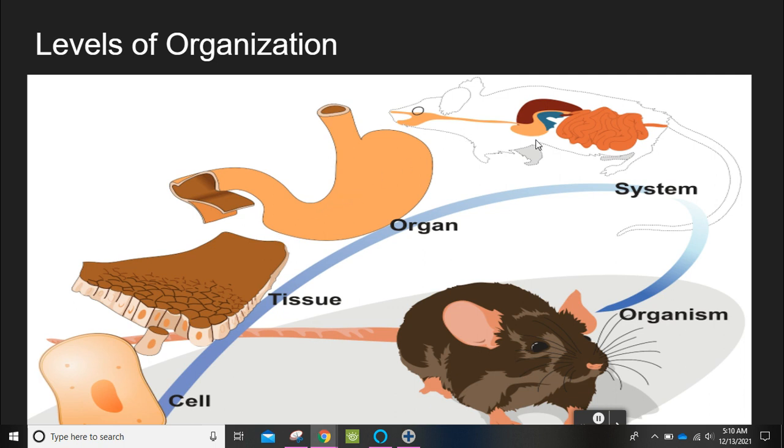Organs together make up organ systems, and then all those organ systems make up the organism, which is the most complex. So remember, the simplest is a cell, the most complex is the organism. They like to ask these questions in a variety of ways, so make sure you're reading the question carefully and putting them in the correct order.